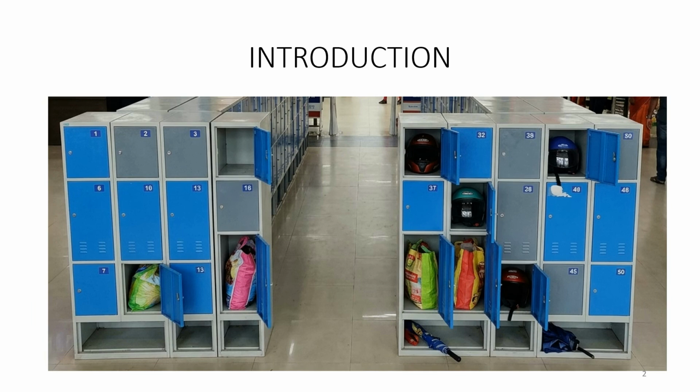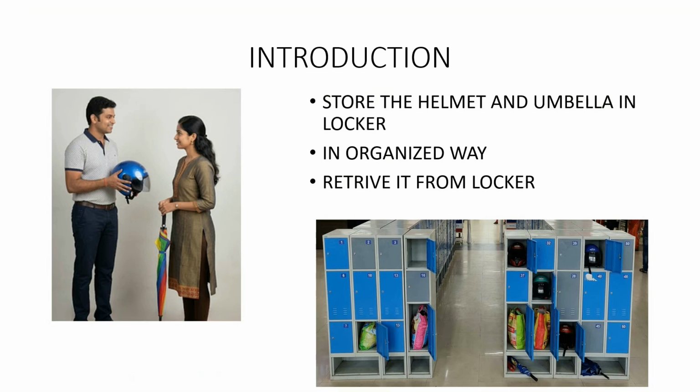The customers place their belongings inside an available locker before entering the store. Because the lockers are arranged in a systematic way, the items can be stored safely and retrieved later very easily. Now let us see how a customer stores items such as a helmet or umbrella, whatever they are holding, using the locker system.